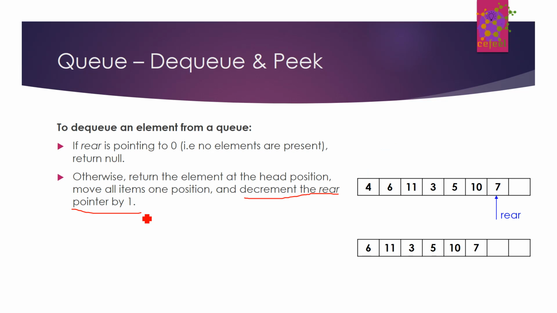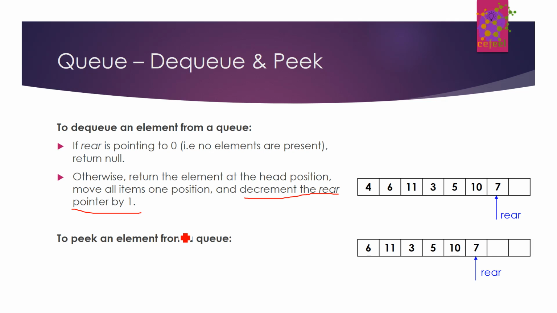Once we remove it, we need to adjust all elements, which means move all those elements one position to the left. So 6 now occupies the front position, 6 replaces 4's position, 11 replaces 6's position, and so on. Finally we also decrement the rear pointer, so rear now points to the same item 7, but it's in the 6th position now.